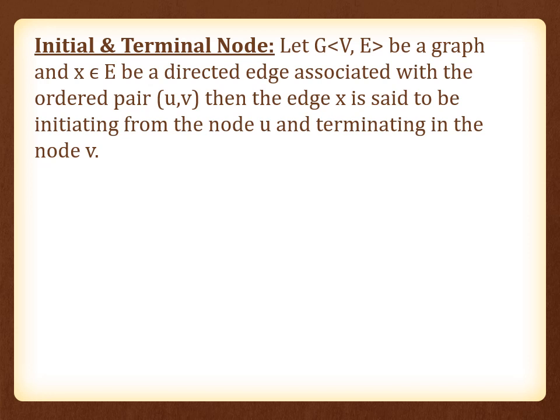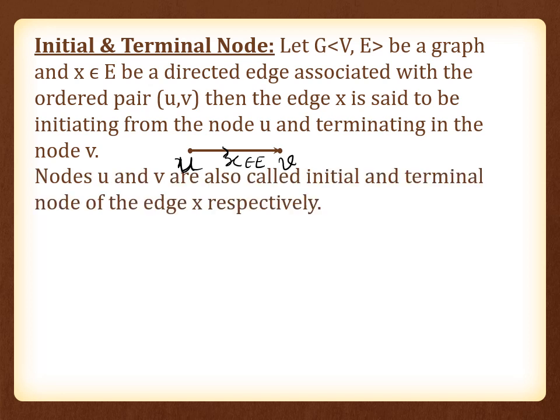Then the edge X is said to be initiating from node U and terminating at node V. So this is an edge X which belongs to the set of edges of the graph, and it connects the two nodes U and V and it is a directed edge, because UV is an ordered pair, that means order matters, so it is connecting node U to V. So for this edge X, U is called the initiating node and V is called the terminating node.